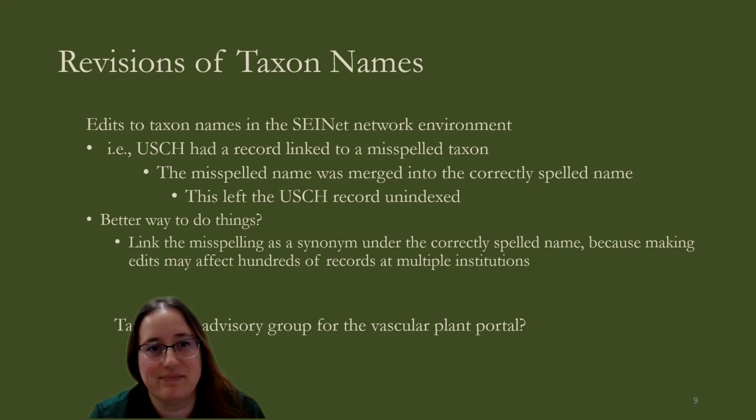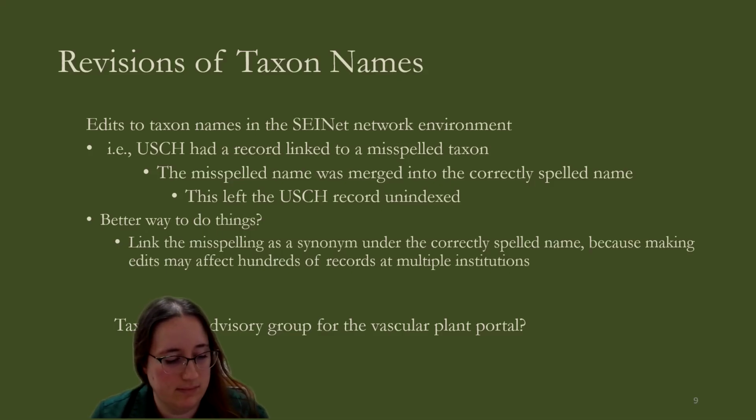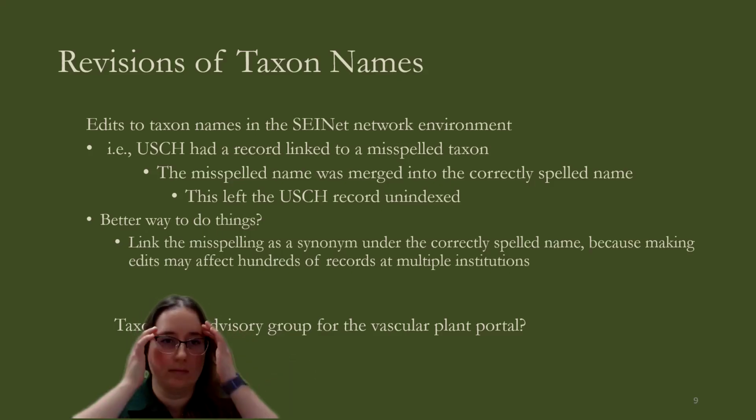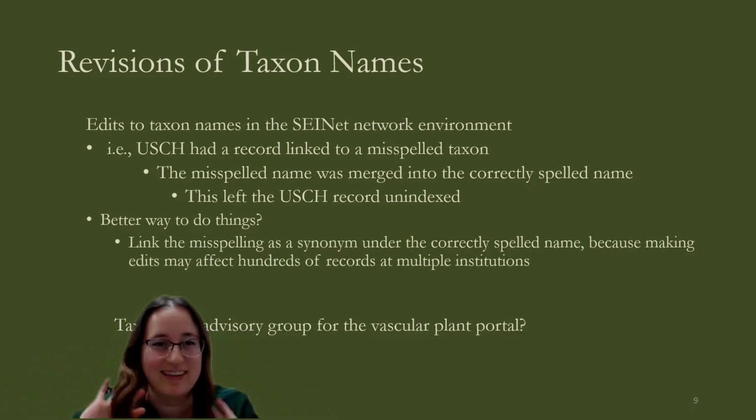You want that record to come up in the search because it's associated with that taxon in somebody's taxonomy, and so sometimes the taxonomy table of your portal can actually reflect multiple different taxonomies through this linking as synonyms. Anyway, that's the only thing I'll add.